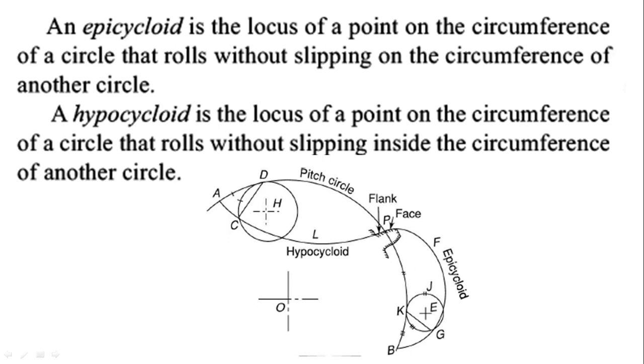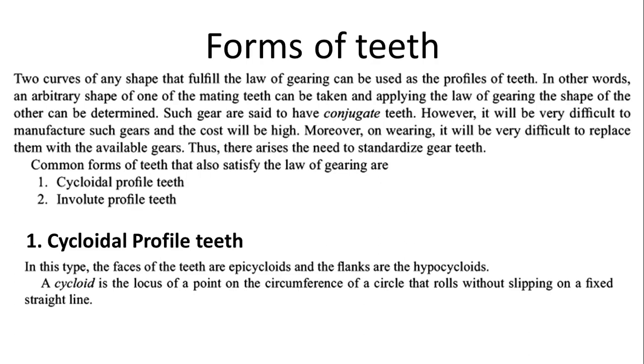The arc maintained on this circle is the outer part of the teeth profile, and the hypocycloid has the internal part. If the locus is formed like this in cycloidal format, it is known as the cycloidal profile teeth.